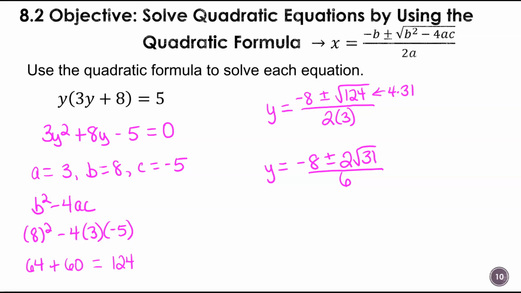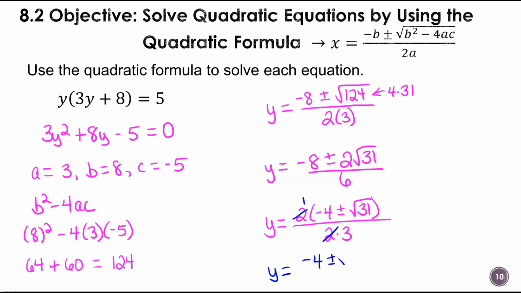All of these are divisible by 2: negative 8, 2 radical 31, and 6. So technically we are factoring out a 2. And remember, factoring out just means you're dividing by 2. Everything's divided by 2, and then we can remove the common factor of 2. And my solution will be negative 4 plus or minus square root of 31 over 3.